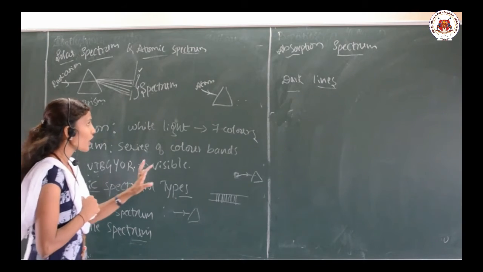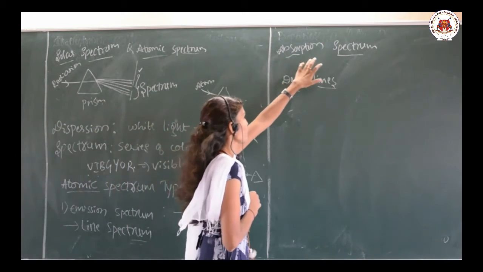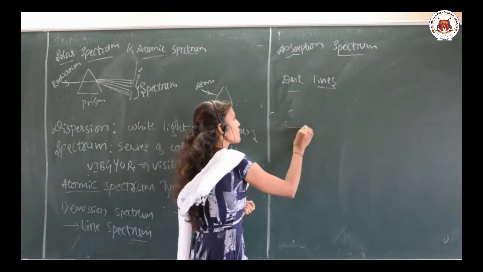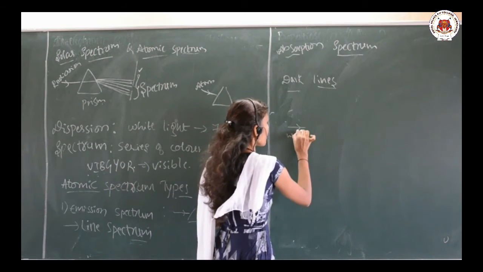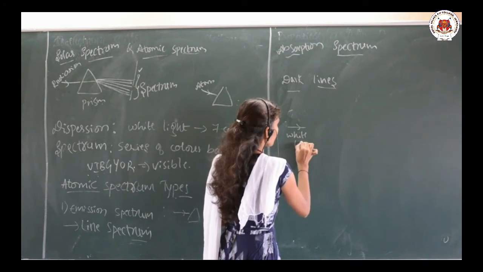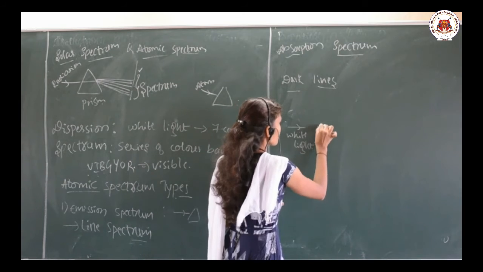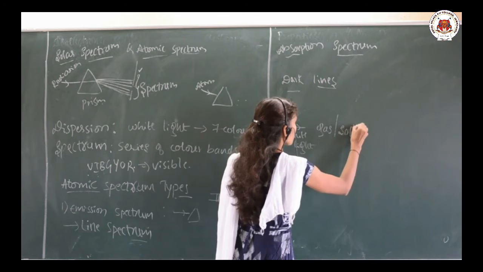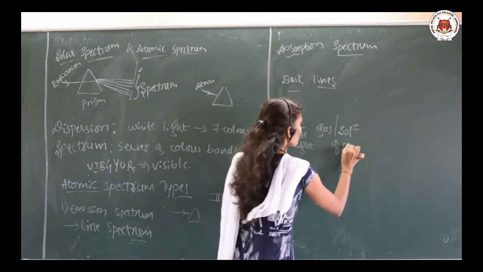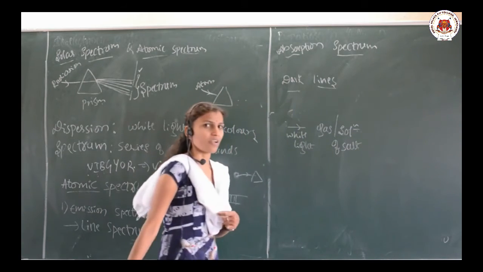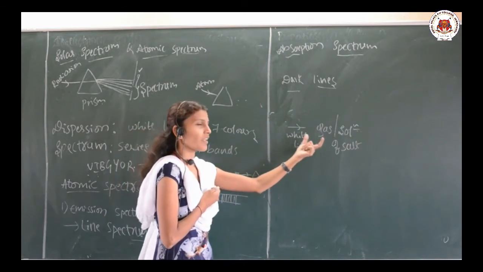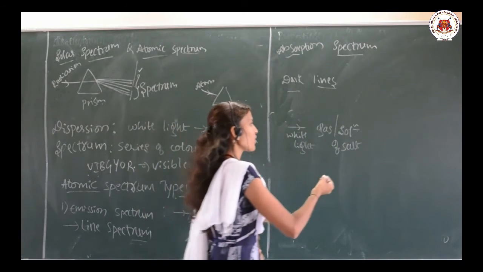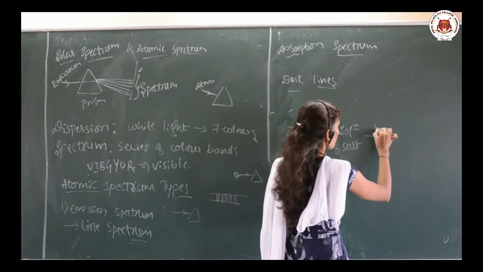And one more type of atomic spectrum is absorption spectrum. When a white light is passed through any gas or solution of any salt, some of the radiations are transmitted.